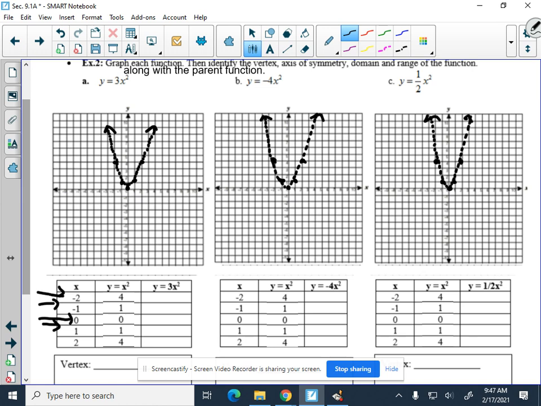Okay, so what we've got on there, all of them, we have the original parabola called the parent function. Now we're going to compare it in the next one. Okay, so in the next one it says we've got the graph, or back to the first one, we have 3x squared.